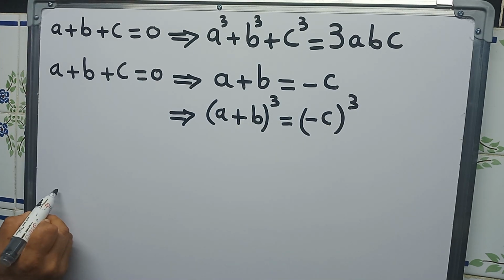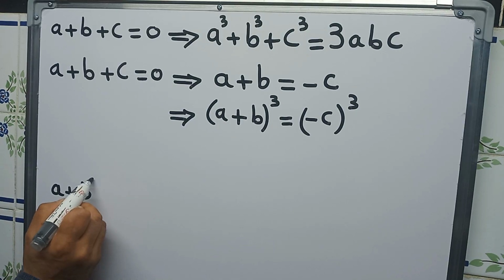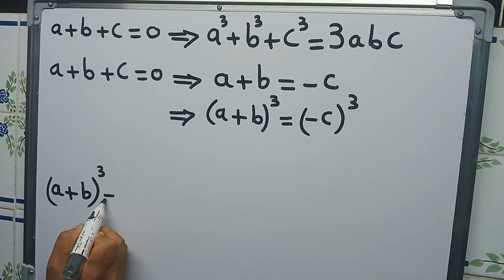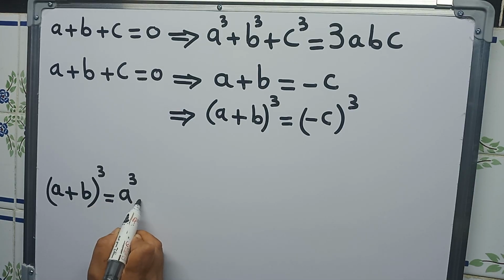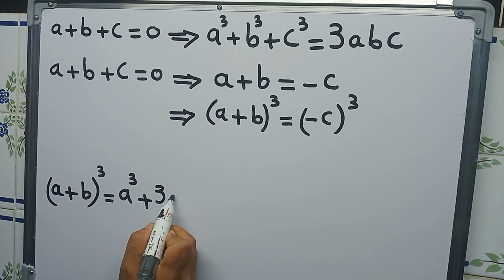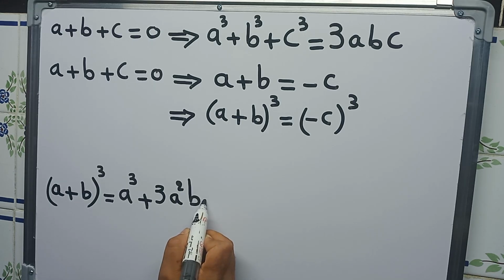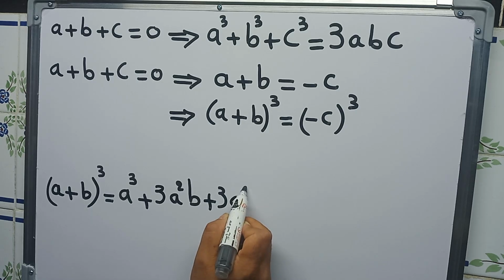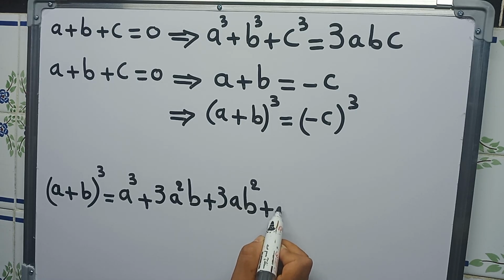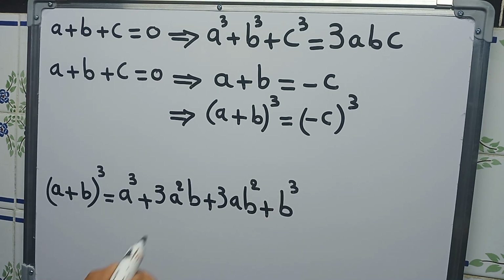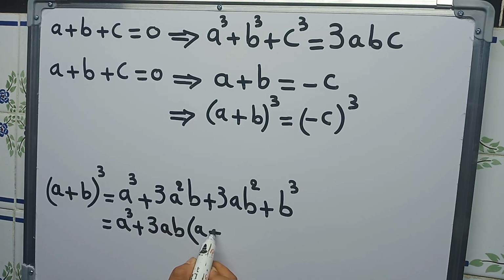Now we know that a plus b cubed is equal to a cubed plus 3a squared b plus 3ab squared, of course, plus b cubed, which is of course equal to a cubed plus, here we factor with 3ab times a plus b, of course, plus b cubed, and we will use this second form.